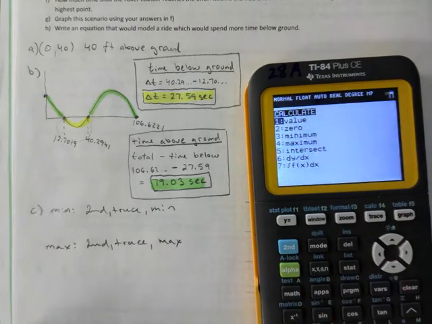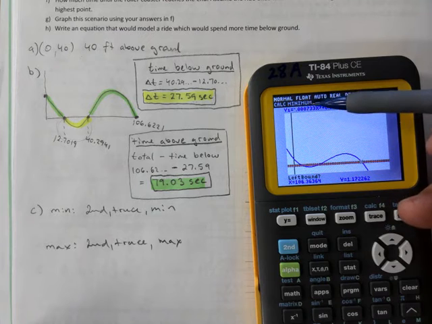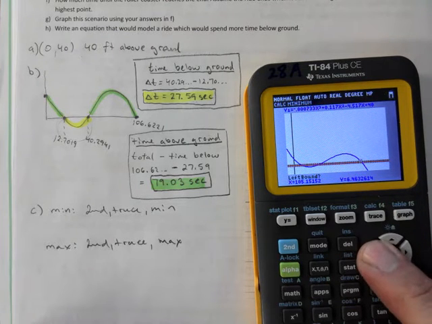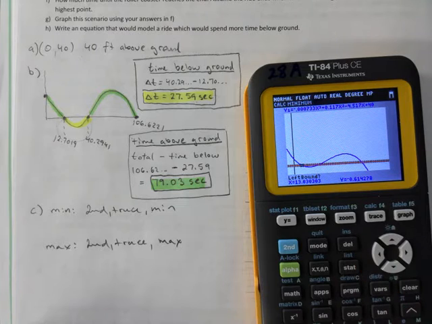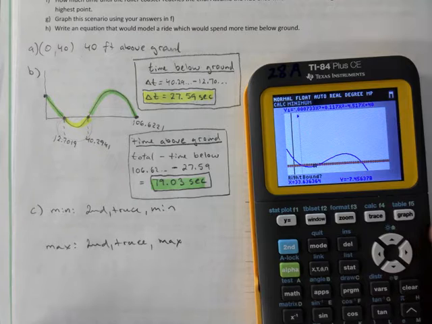Doesn't hurt, right? I went for min first. It says it right up here, right? I'm calculating the minimum, so I've got to go towards it. And first you've got to go to the left of it. That's the important part, right? So travel past it to the left, hit enter, past it to the right, hit enter, and there we go.